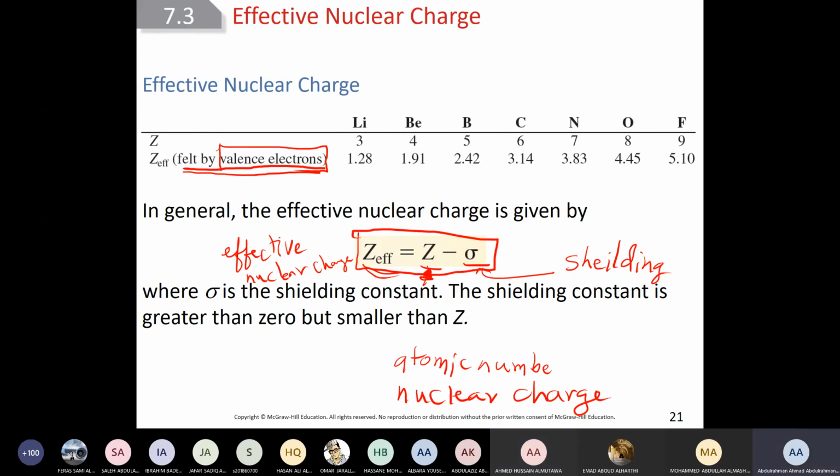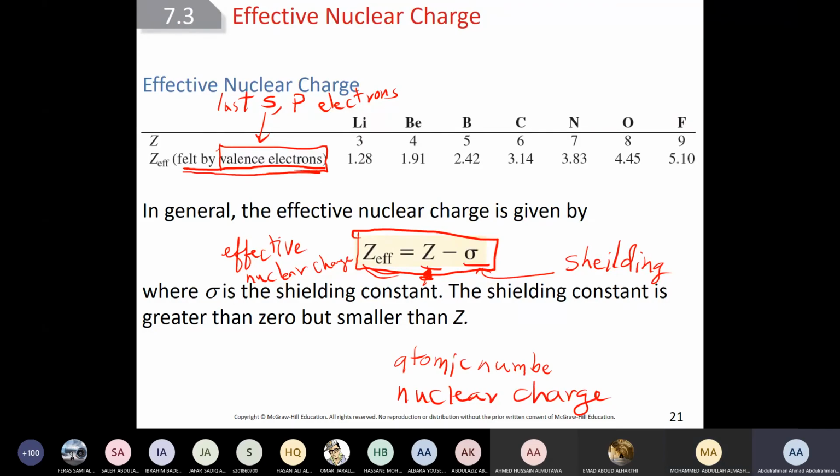What's the meaning of valence electron? Last electron. No, what last? Which electrons? What's the meaning of valence electrons? Last sp electrons.